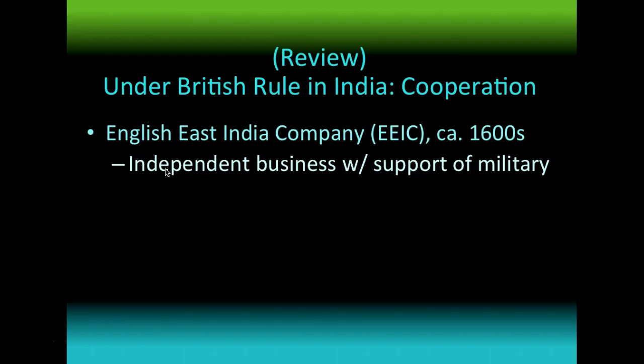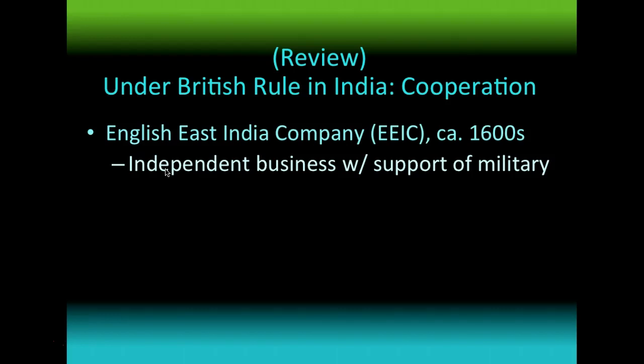Just a quick review of British rule or British influence in India. It starts out with a great deal of cooperation. The British come into India and they have to kowtow, they have to bow down. It starts with the English East India Company, the EEIC, around the early 1600s. And the EEIC, again, is a joint stock company.